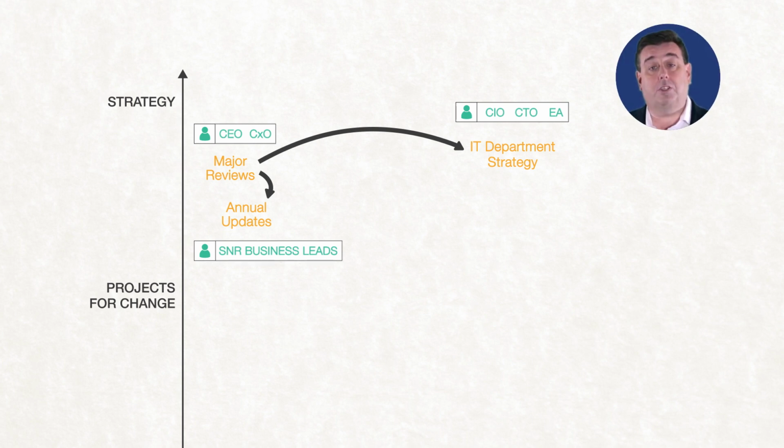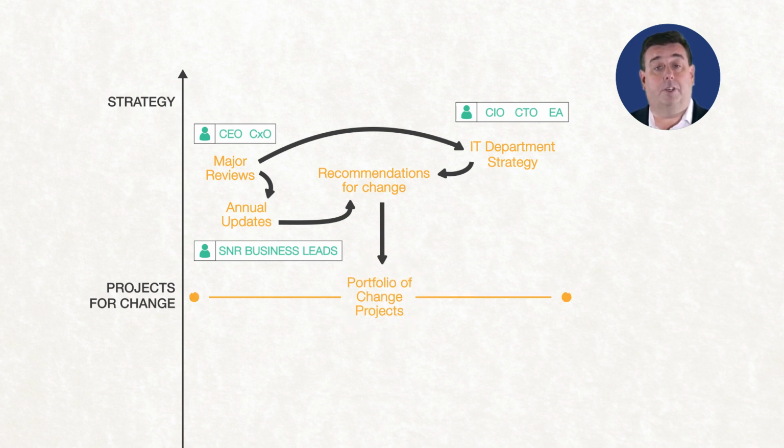Both the business strategy and the IT strategy will result in a whole list of recommendations for change to the organization that, once approved, will then become a portfolio of projects. Our first set of dashboards relate to these activities in the upper half.